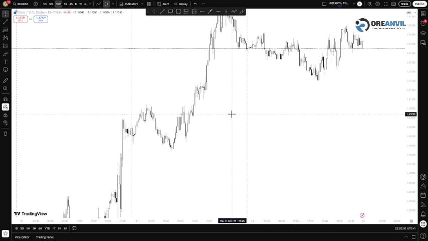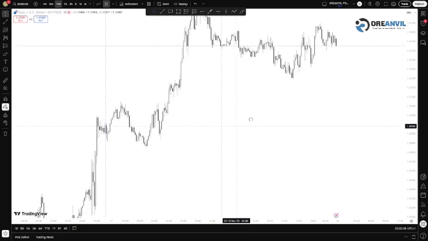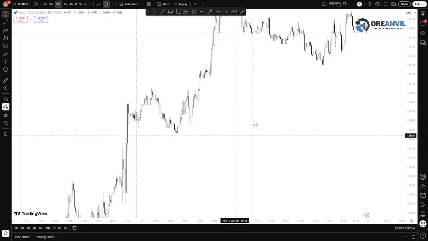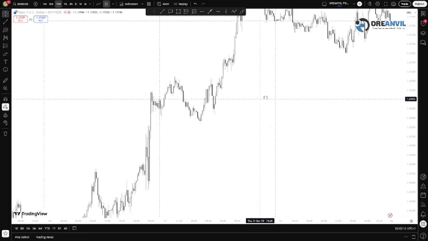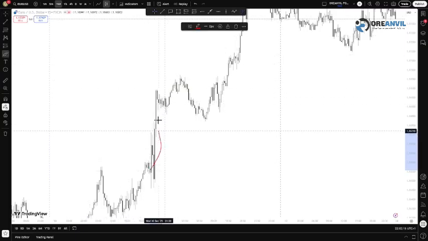Okay, so if I get you correctly, the way fake BOS works, for instance, you have something like this. Look at this trade here. You have a push to the upside, a push to the downside, then a push to the upside again.